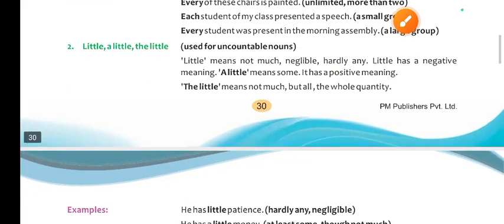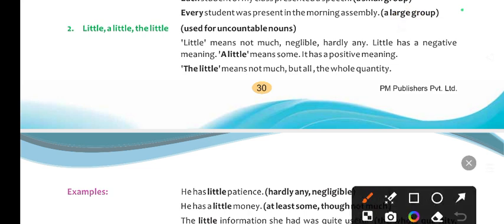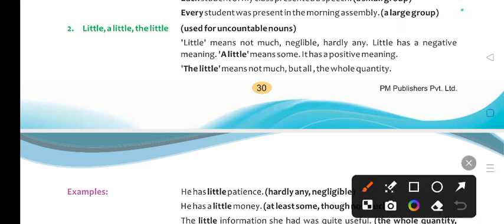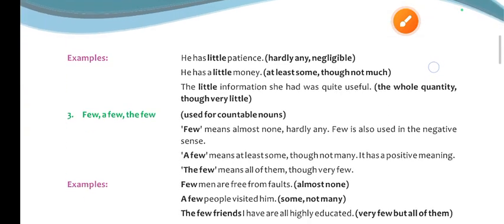You are supposed to go through these points, like where do we use little, a little, the little. Little means not much, negligible, or hardly any. Little has a negative meaning, it means nothing. But a little has a positive meaning. The little means not much, but yes, the whole quantity, as it was earlier.